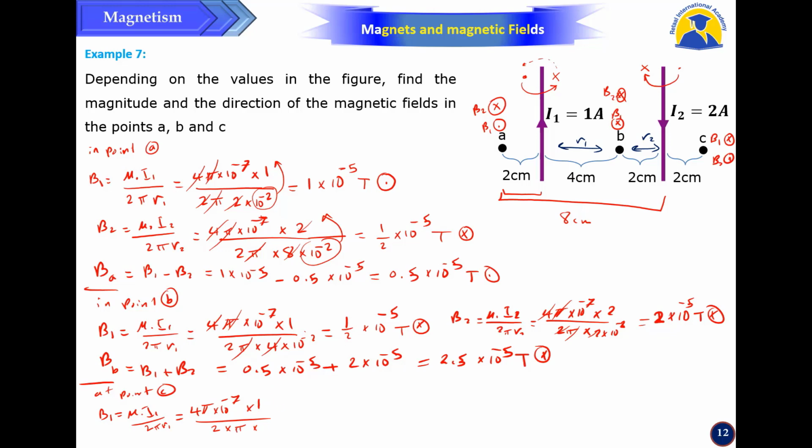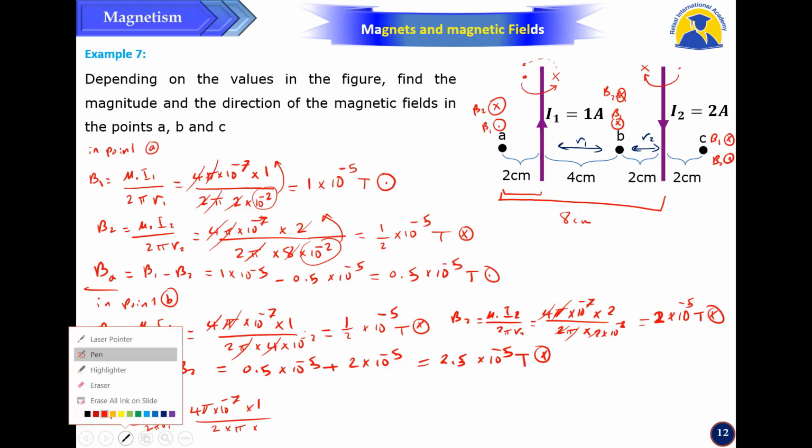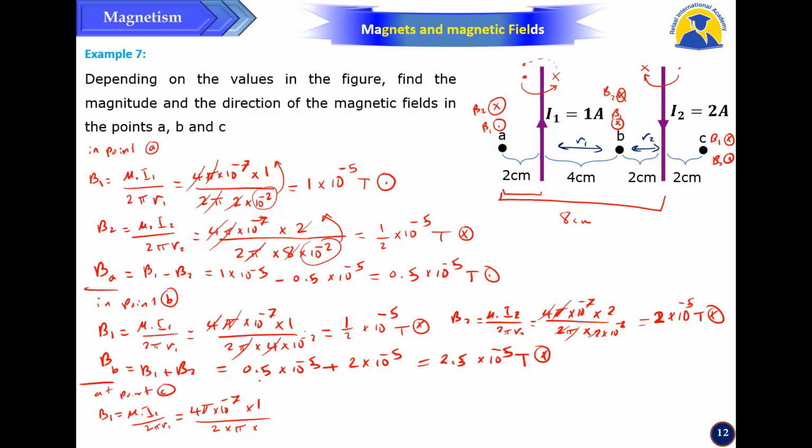Okay. Let me change the color. First, we make it green. The distance between point C and current number 1 is 4 plus 2 plus 2, which means 8 centimeter. And the distance between current 2 and C is just, this one, R2, is just 2 centimeter.